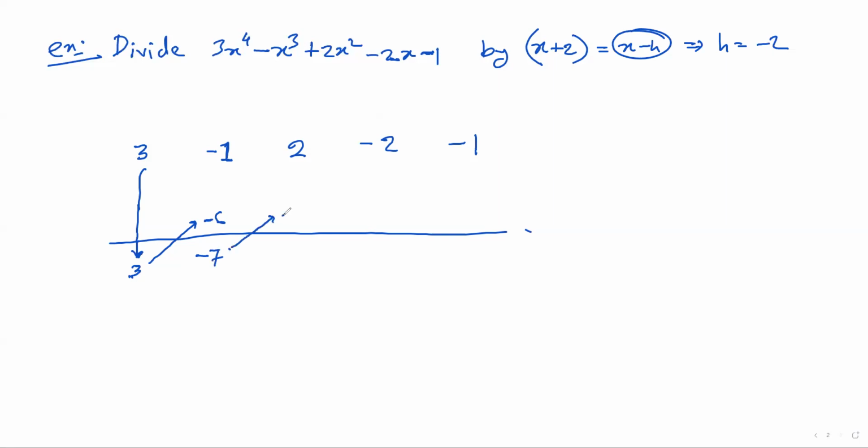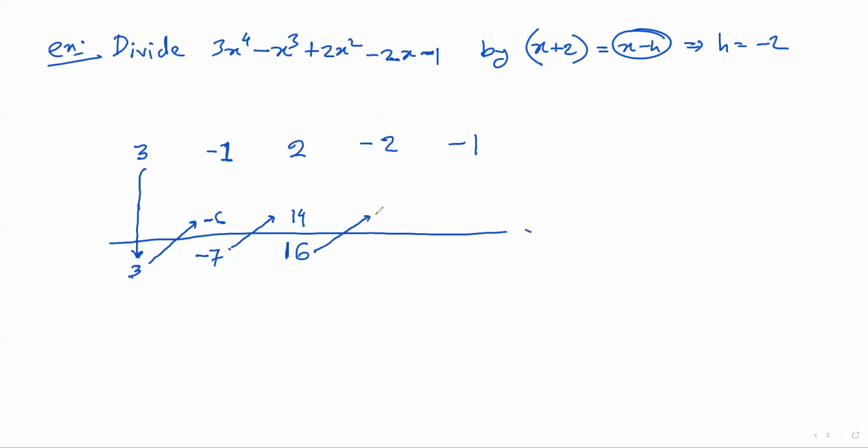Multiply this with minus 2 again to get minus 14. Okay, I think I made a mistake. If I multiply minus 7 by minus 2, I get plus 14, not minus 14, right? So add 2 and 14 to get 16.